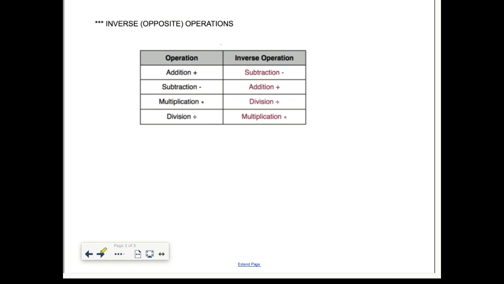So if it is already being added, to undo it, you subtract. The opposite of add is subtract. If it's being subtracted, then you would add to undo it. If it's being multiplied, then you use division to undo it. And if it's being divided, to undo it, you use multiplication.